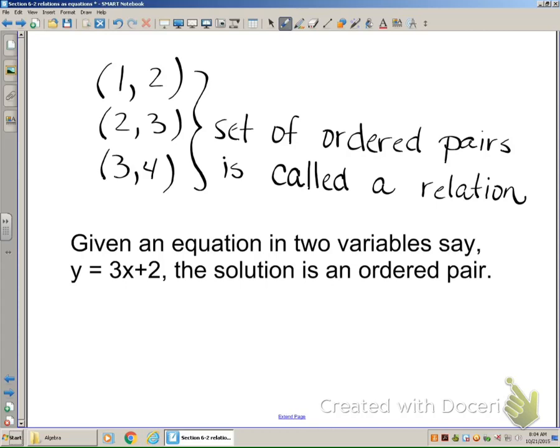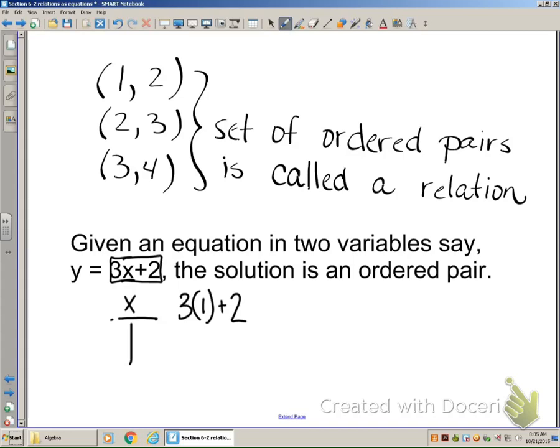Sometimes relations have a specific purpose. Like if I have an equation, y equals 3x plus 2. There's a set of ordered pairs that is a solution for this equation. That means when I plug in any given x value, let's say we plug in 1 for x, then 3 times 1 is 3, plus the 2 more from my equation.